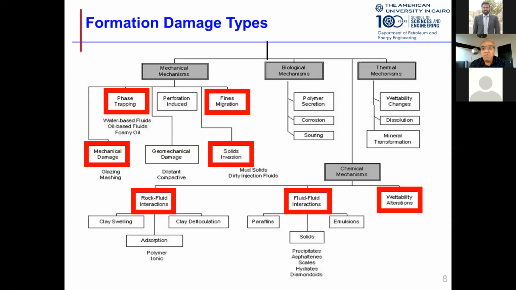If you look at these red rectangles, when it comes to mechanical, we always talk about phase trapping or fines migration, solid invasion, mechanical damage, friction-induced damage, and so on. Chemical damages are related to interaction between fluid and fluid, interaction between fluid and rock, and interaction related to wettability, whether the rock is oil wet or water wet.